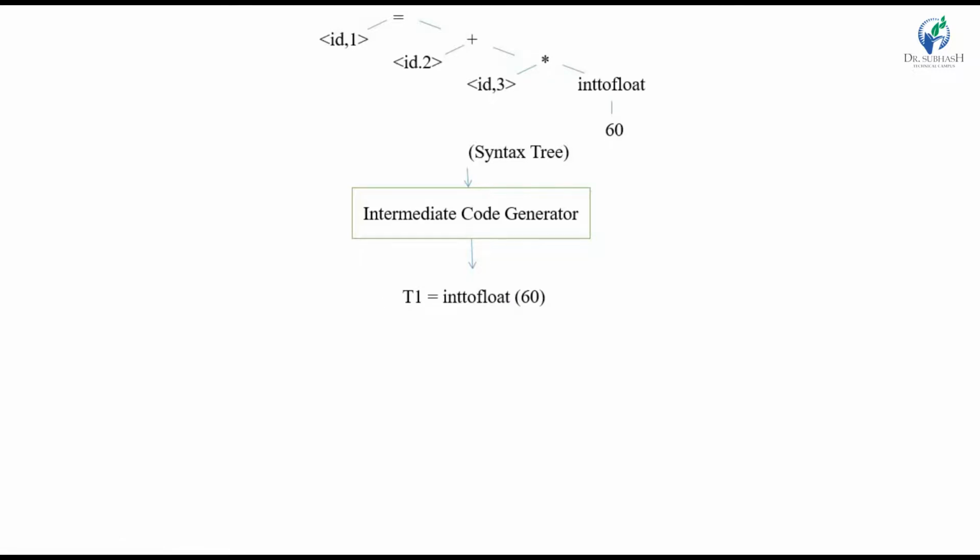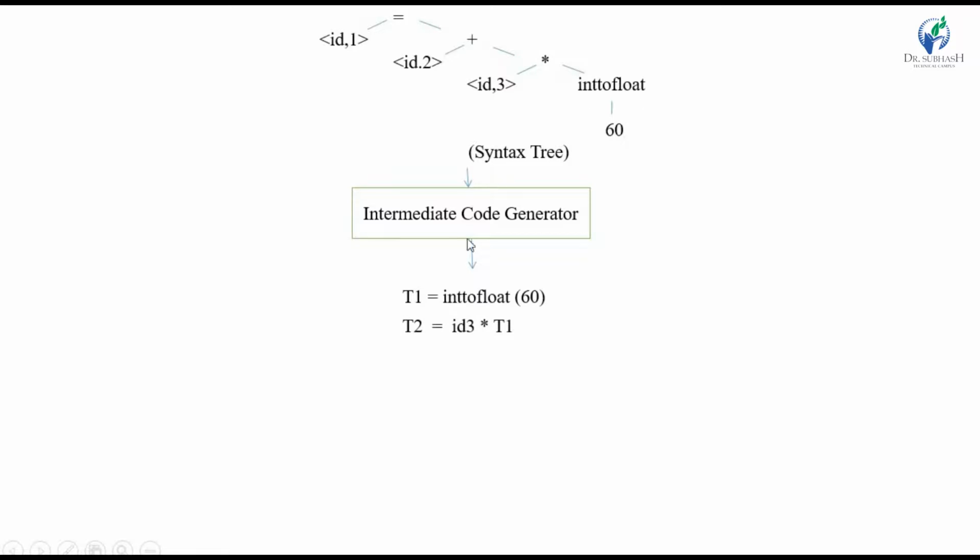Here I can use more than one temporary variable, so I can identify this variable by T1. You can use any name for this variable. So first, integer to float 60, the result of integer to float 60 is stored into the variable T1.